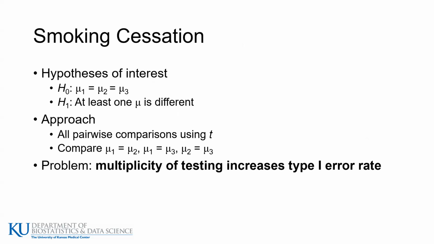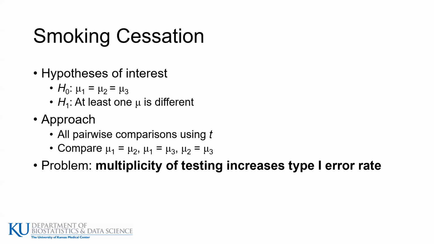Our hypotheses here: we have the null hypothesis that the average change in packs per day is equal for all 3 groups. That is, there's no difference in the effect of therapy between the 3 treatments, versus the alternative hypothesis that at least one of the means is different.